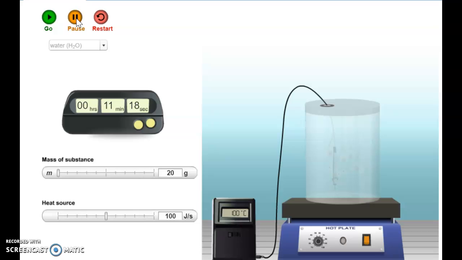All right, now all of our liquid is gone, and the liquid has gone to gas, liquid to gas. That is 11 minutes and 18 seconds.